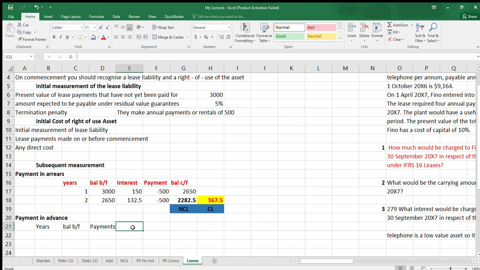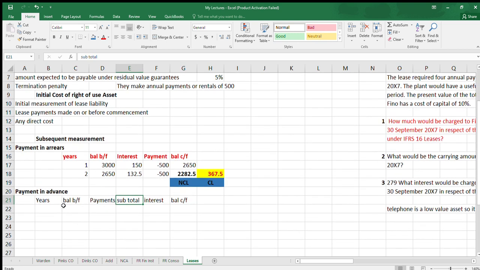So after the payment, you now have your subtotal. Then you have your interest, then your balance carry forward. The logic is that the subtotal here means this is our lease liability. Let me show you.